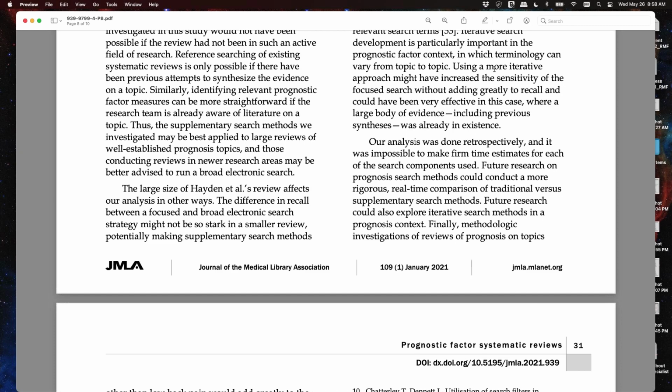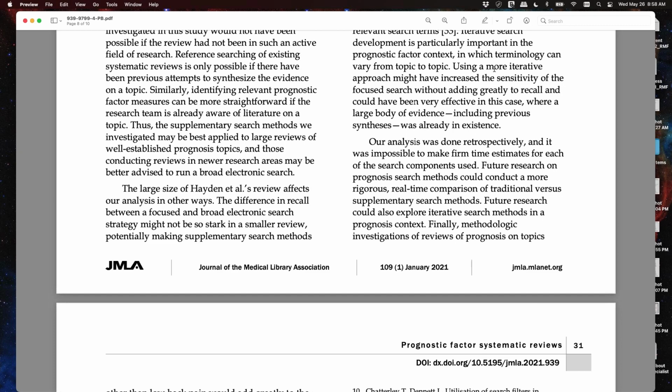Yeah, lessons learned. Maybe facts that we were already aware of but were reinforced by the findings of this paper are definitely, I would say, that supplementary search methods are really required in prognosis related searches. So this is definitely the main take-home message for me.